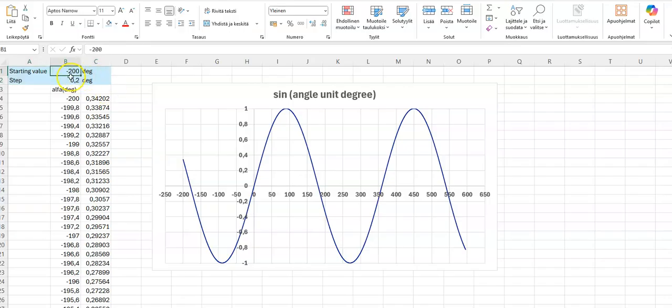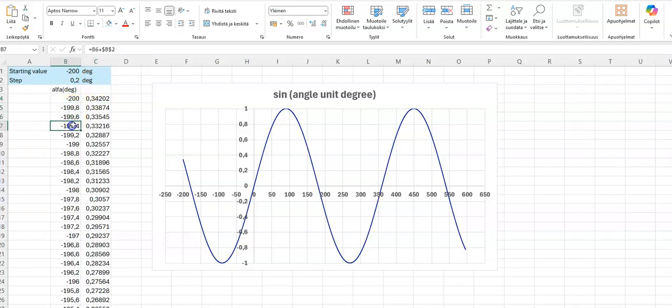So this means that I start with minus 200 degrees, and as you see from the picture, this horizontal x-axis is the axis which tells us the value of angle. So this picture starts with minus 200 degrees, and the step is 0.2 degrees. So I calculate the values of sine with the steps of 0.2 degrees.